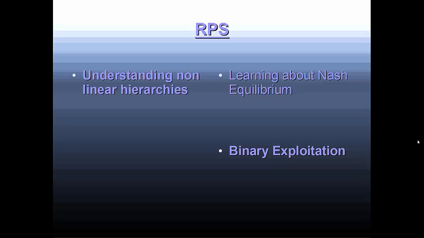Okay, now, what about if somebody doesn't do that? What if somebody throws rock more often than they should? What if they throw rock 40%, then they throw paper 30%, and scissors 30%? So this is going to show you how to make binary exploitations. How do we adjust to that?